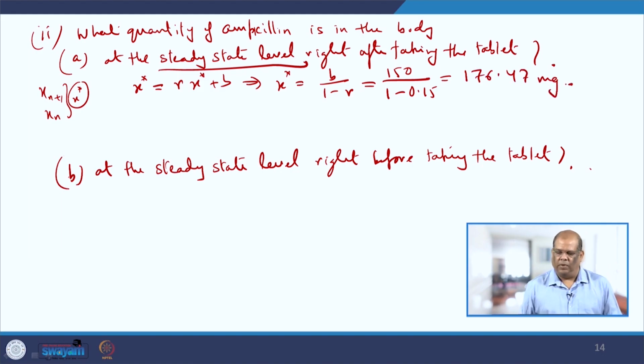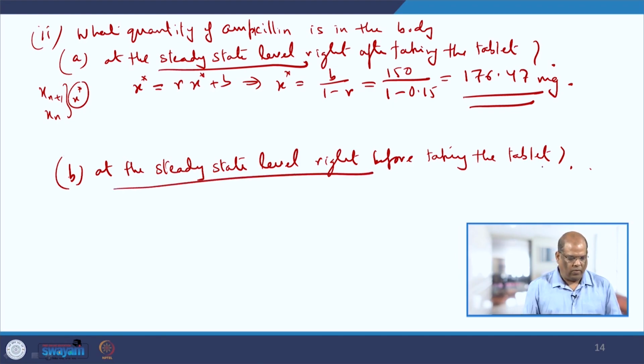So the quantity of ampicillin right after taking the tablet at the steady state level is 176.47. And the quantity at the steady state level before taking the tablet is going to be x star minus B. So this is the dose which you take every 4 hours.